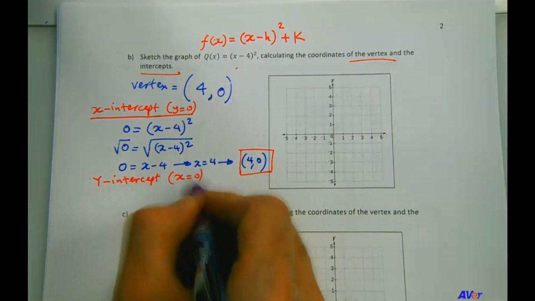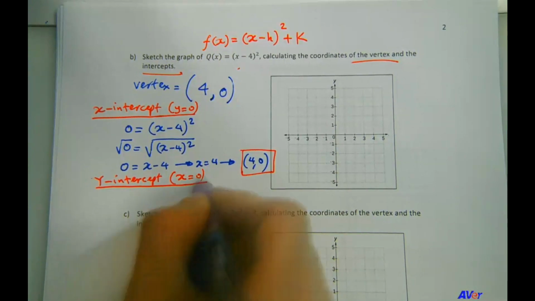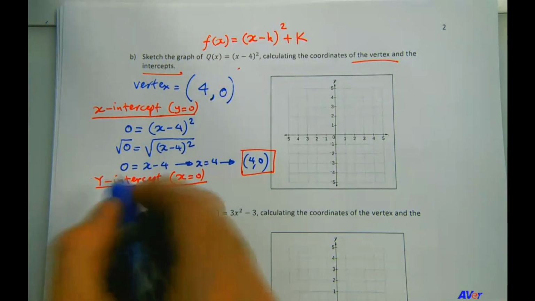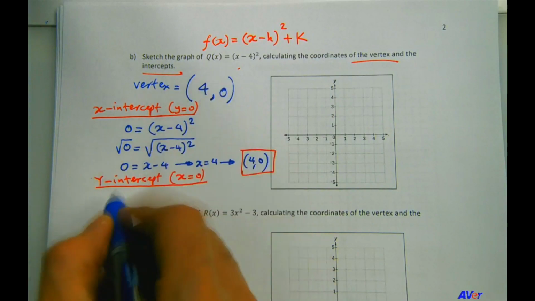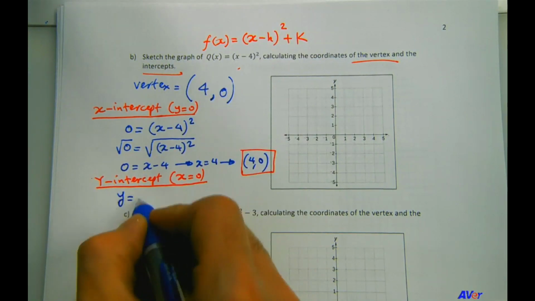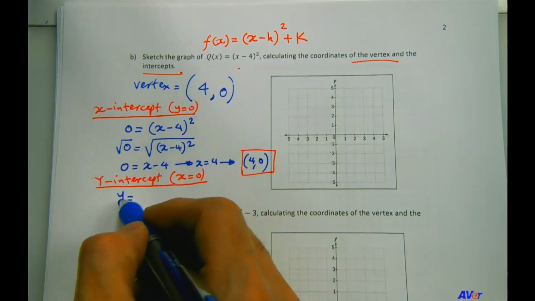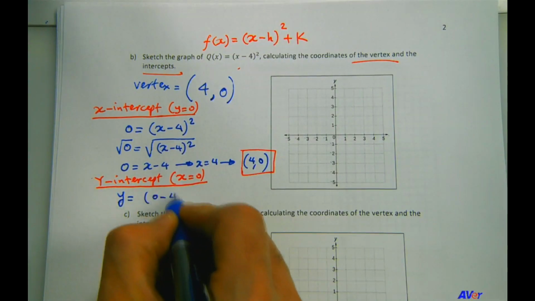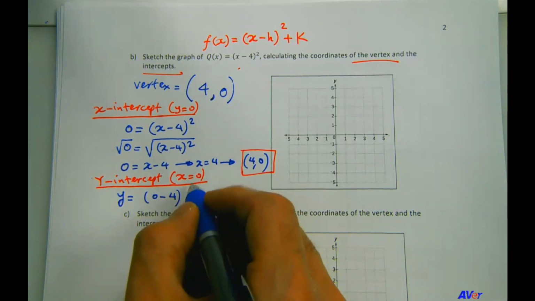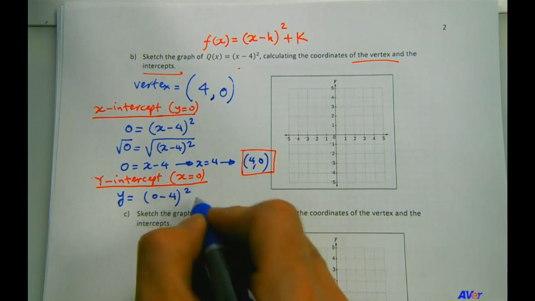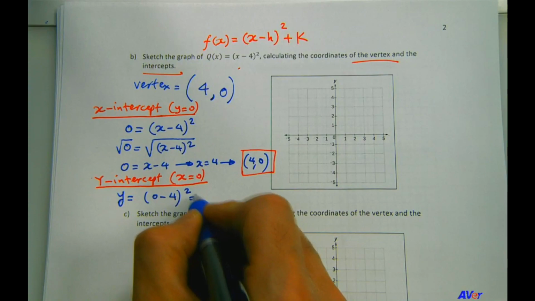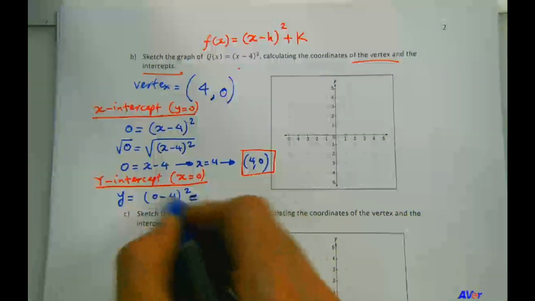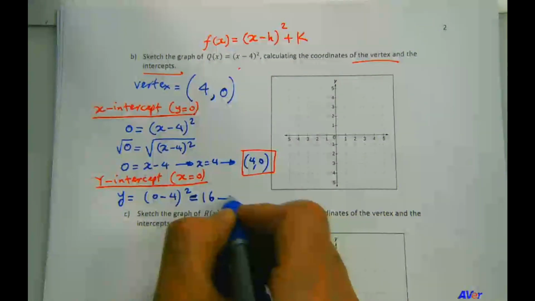For the y-intercept, x should be equal to 0. So in that function, let's substitute for x, because q of x is just the function y along the y-axis. So 0 minus 4 squared will be equal to minus 4 squared, which is 16.